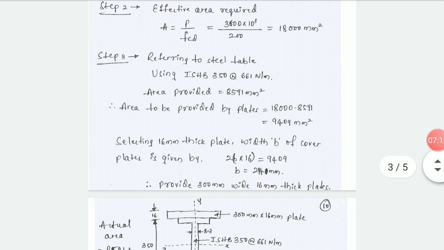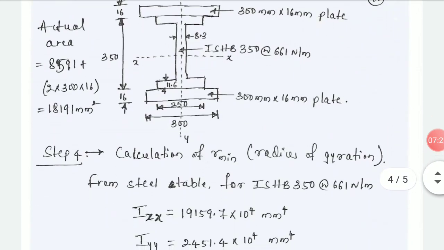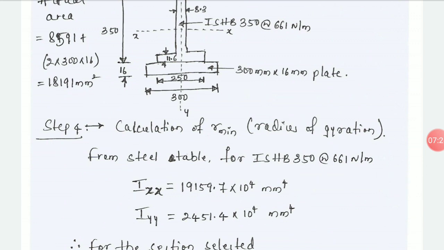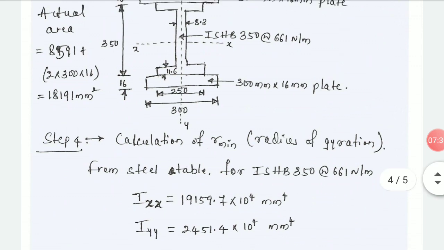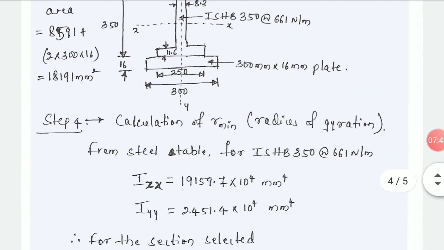Next, in the next step I need to calculate radius of gyration. To calculate the slenderness ratio of the section I require radius of gyration. So radius of gyration is square root of moment of inertia divided by the area of the section.